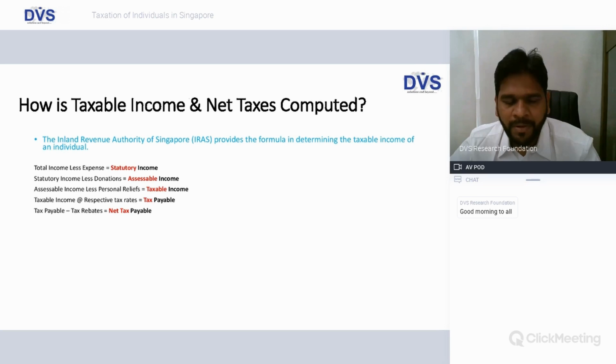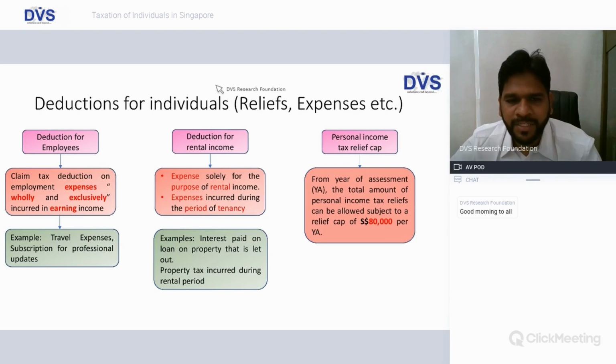From the tax payable amount, there are a few specific rebates which are given to a taxpayer in Singapore, subject to a few conditions being satisfied, and those rebates can be deducted from the tax payable, and we will arrive at the net tax payable. And this net tax payable is the amount which is supposed to be paid by the SSE for the previous year in the current year, along with the deadline of filing the return of tax assessment.